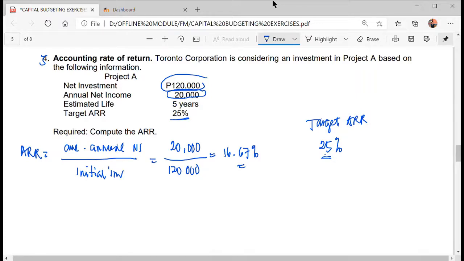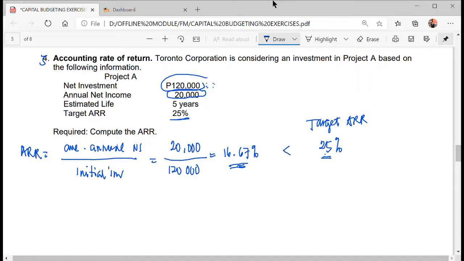And this is what you will get from this specific investment, Project A. So if it is 16.67%, it did not reach your target. So, your expectations were not met, or the investors' wishes were not met. So, will you push through with the project considering a 16.67% ARR? So, the answer would be no.